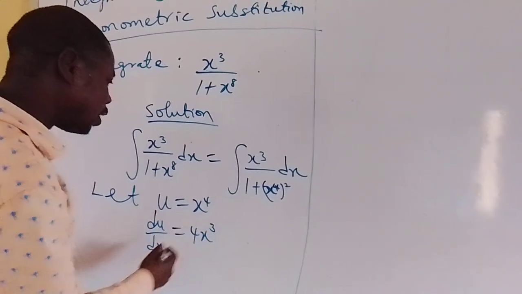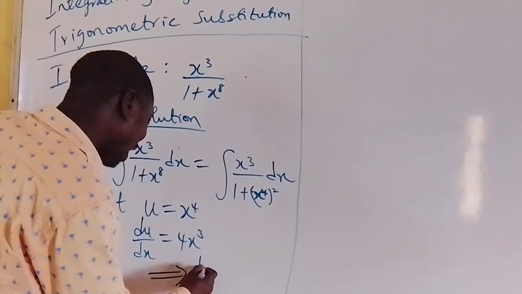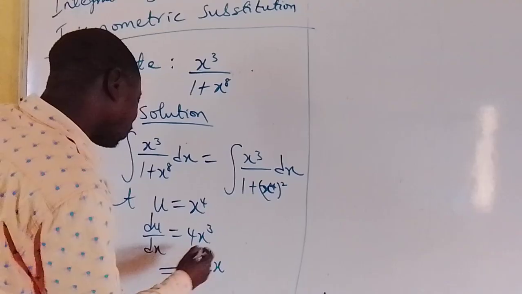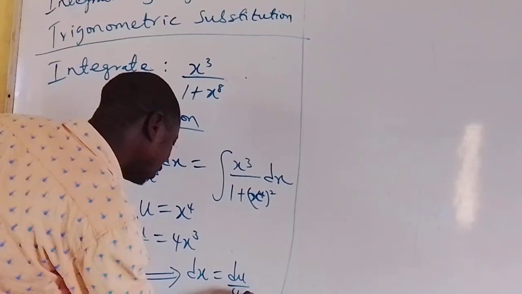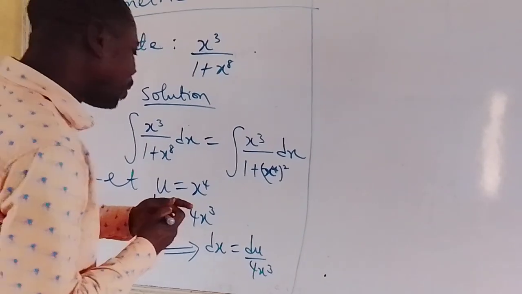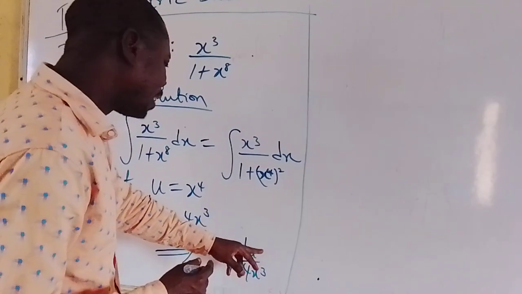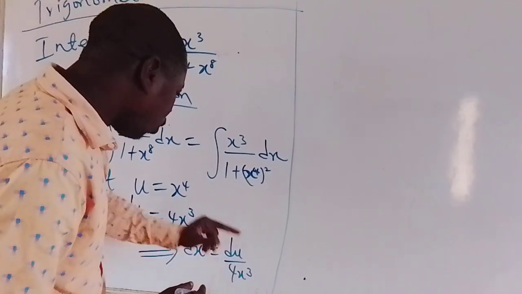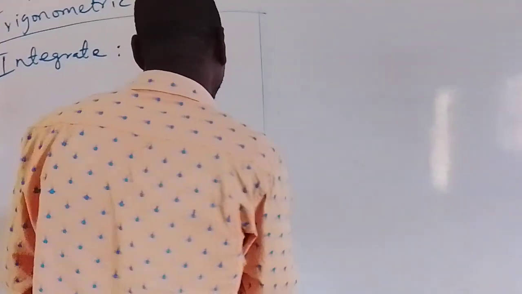If I make dx the subject, this implies that dx is equal to du over 4x cubed. It means that anywhere I see dx in my function, I'm going to replace it with du all over 4x cubed. Now, I will go back to the integral.